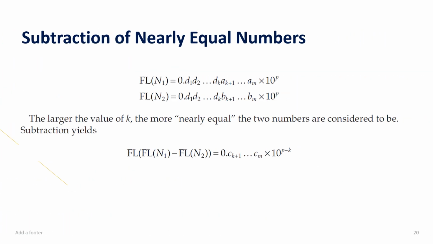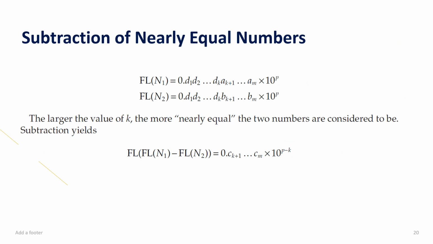And then another concept is about subtraction of nearly equal numbers. Subtraction of nearly equal numbers is a numerical issue that can arise when subtracting two numbers that are very close to each other in value. This can cause a loss of precision and accuracy in the result due to the limited precision of floating point arithmetic.